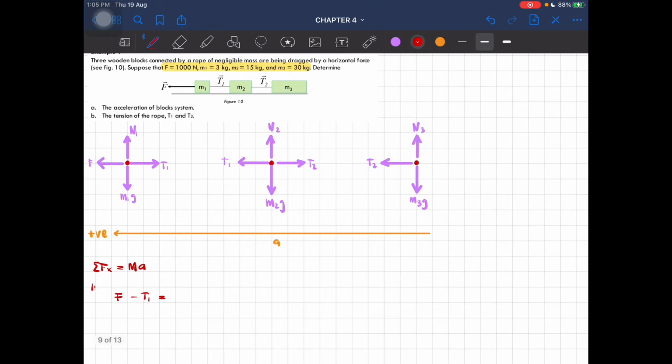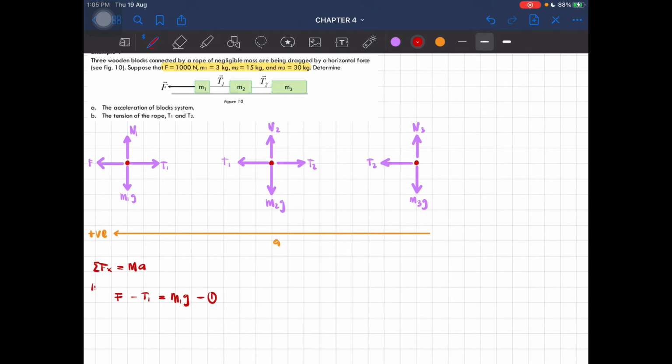Oh, M1G, M1 is 3G, wrong. It is just M1A. Why am I confused? Just write M1A first, later then substitute. So this is equation 1.